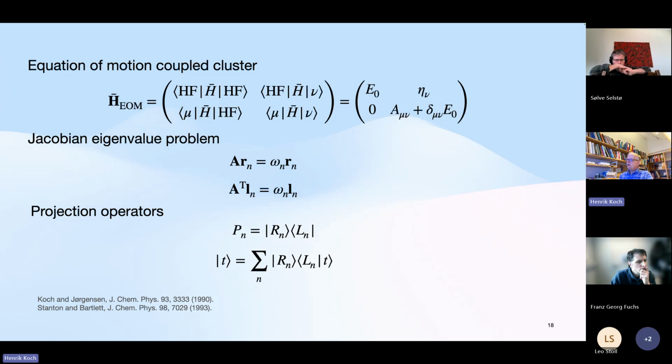So you have both the left and the right eigenvectors. And then you can project out the T amplitudes, as I have written there at the end, and then remove the critical components in the T.